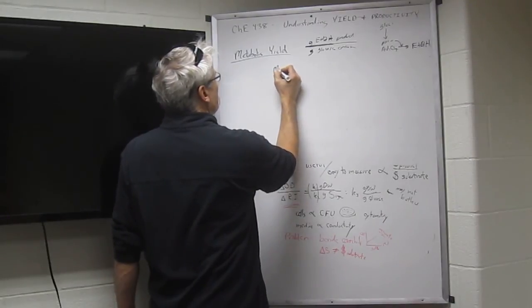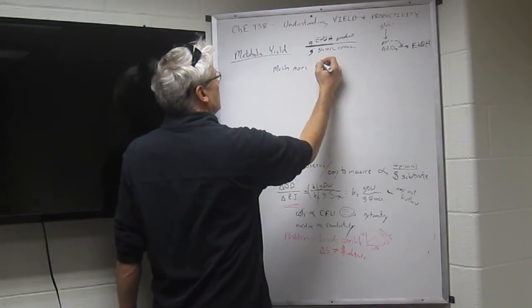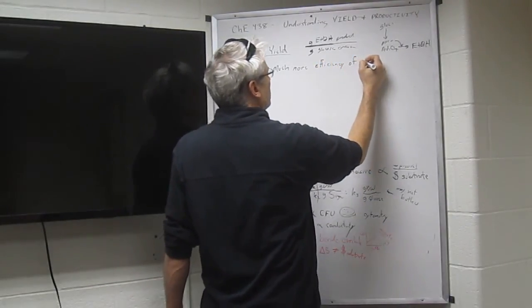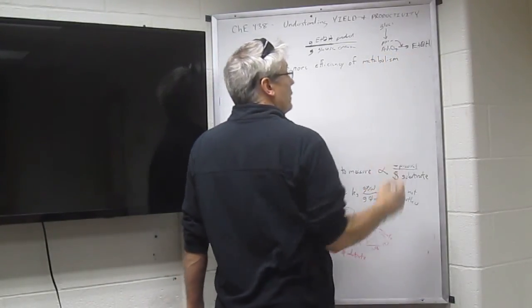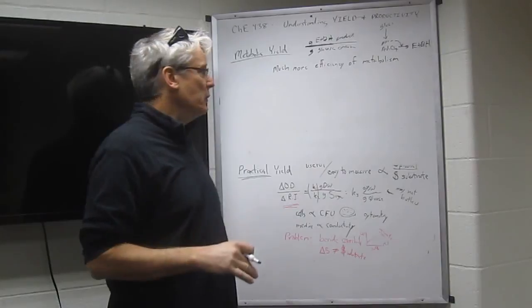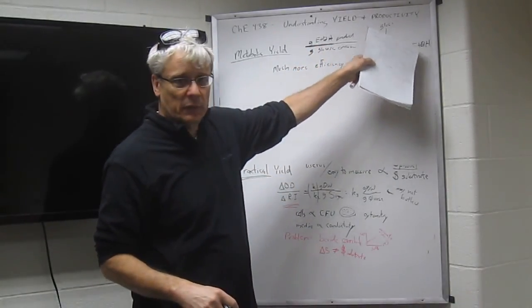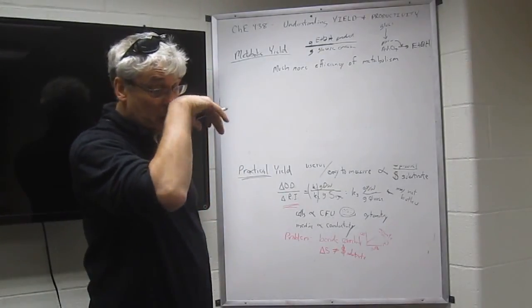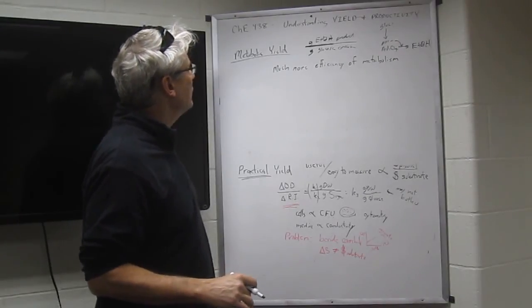And so if you take a look, this is really much more about the efficiency, if you will, of metabolism. So as a biologist, this is the kind of thing that you definitely would be interested in. There are different organisms that have different pathways to ethanol from glucose, and the efficiency of getting there will determine which makes, if you will, more evolutionary sense.